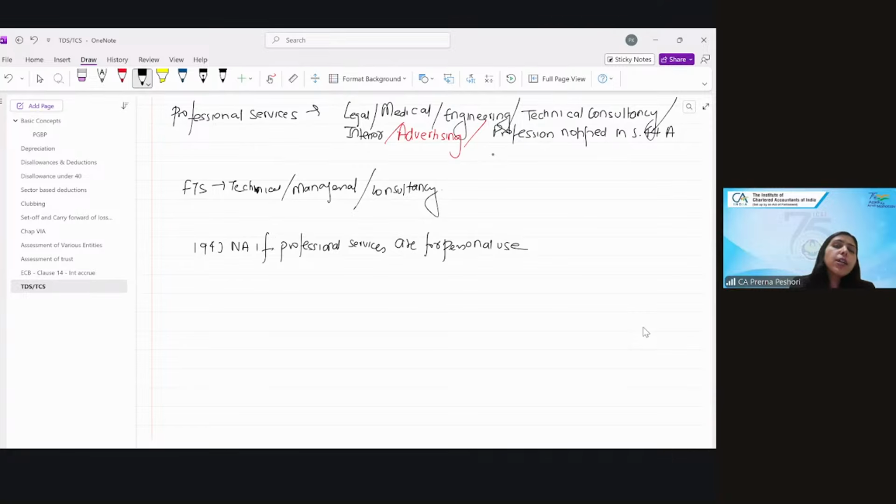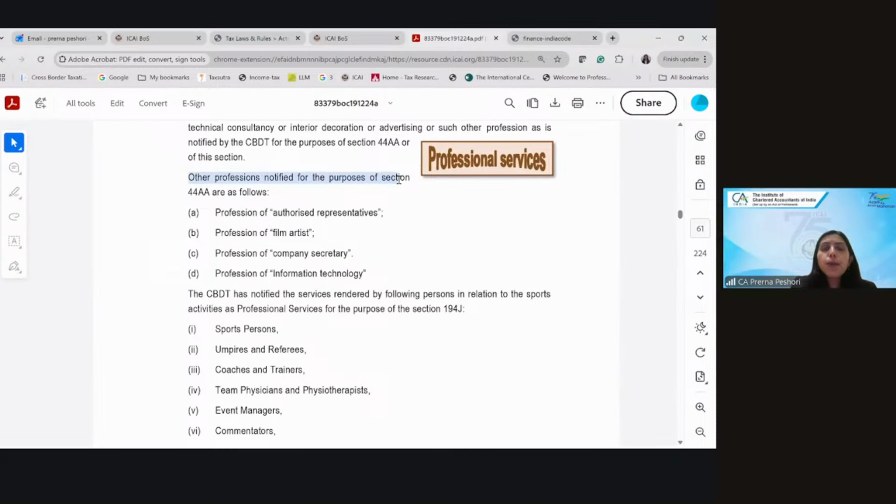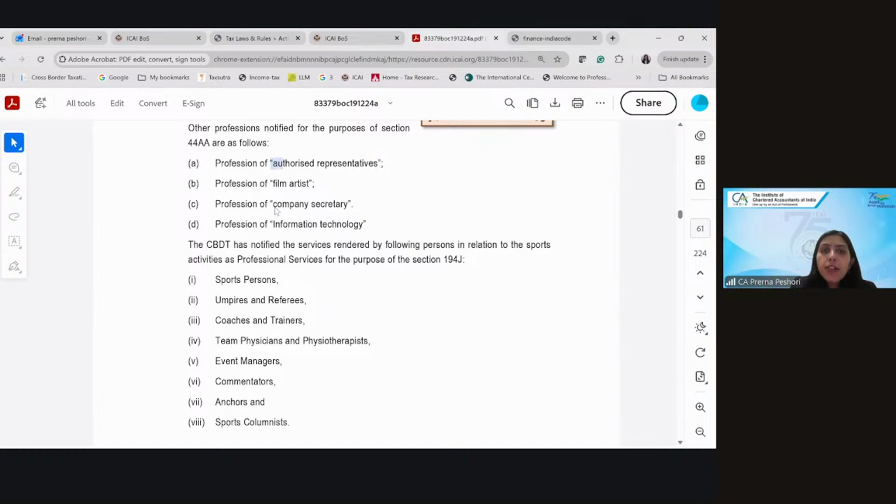Now, what are the notified professions under 44AA? Professions notified for the purpose of 44AA are professions of authorized representative, film artist, company secretary, IT.